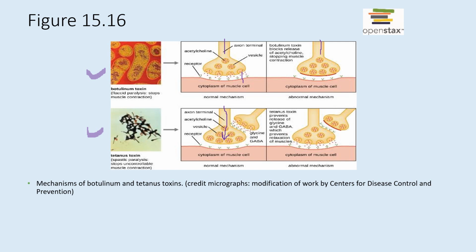With the tetanus toxin, you still have your charge coming down, but you don't release the enzyme that's going to break down the acetylcholine. So all of this acetylcholine that's here is never taken away. And so you have a continuous contraction. You never stop the contraction. Either way, both of these are bad situations for the patient.